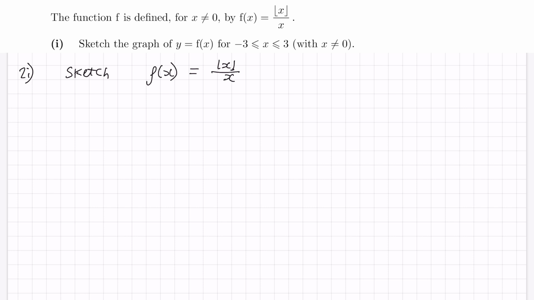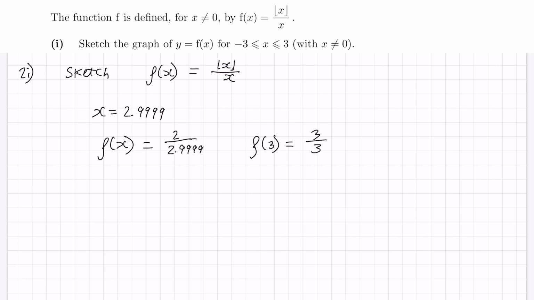So what we then want to look at is, what does this function look like? Well, is it going to be continuous? Not really, because you can think about, if I'm at x equals 2.9999, then f of x is going to look something like 2 divided by 2.9999, whereas as soon as I go up to 3, f of 3 is going to be 3 over 3.